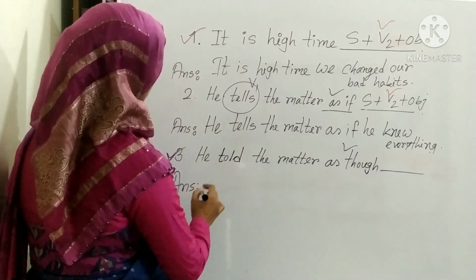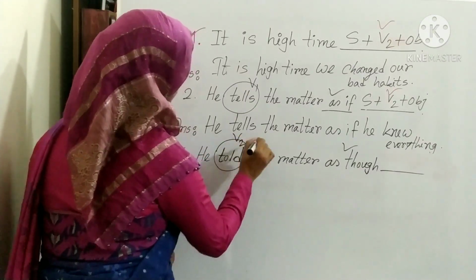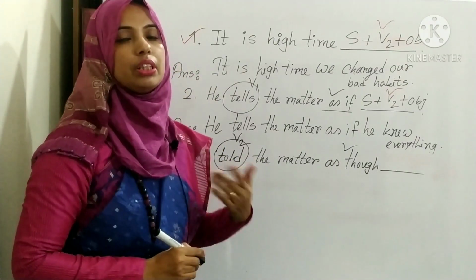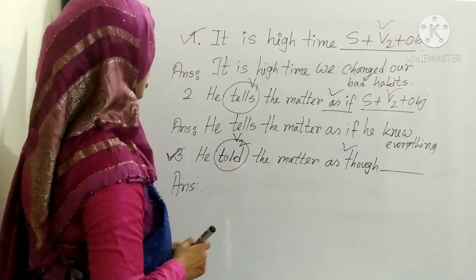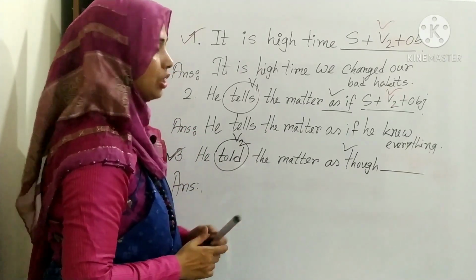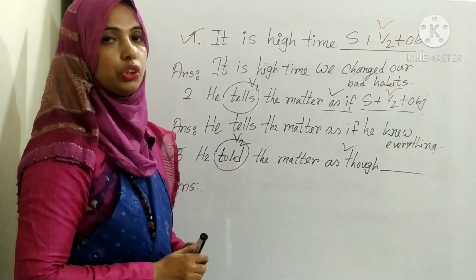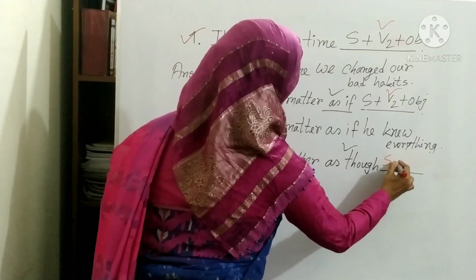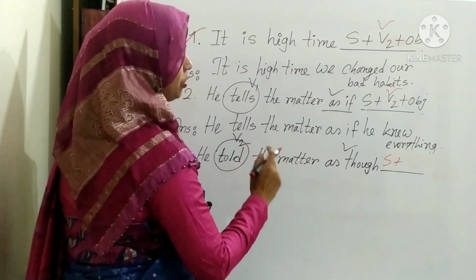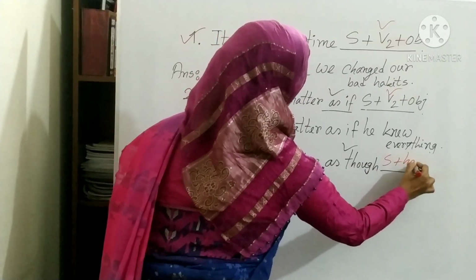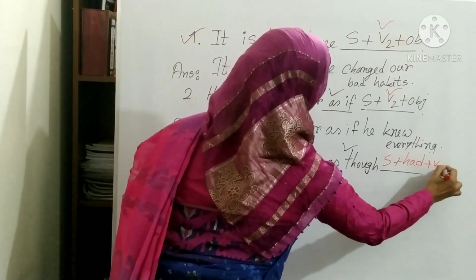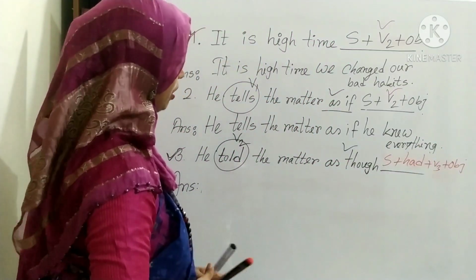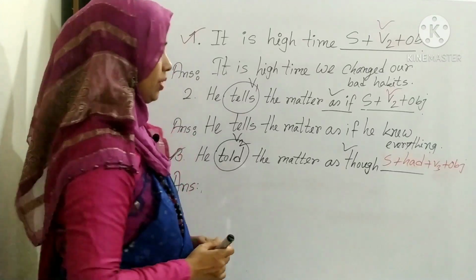You are seeing that the verb is in V2 form. Then what will be the rule? After as though, what will you write? If you find V2 in the first clause before as though, you have to apply the rule in this way: after as though, you will write subject, then had plus V3, then object. Okay, and that will be the appropriate structure.